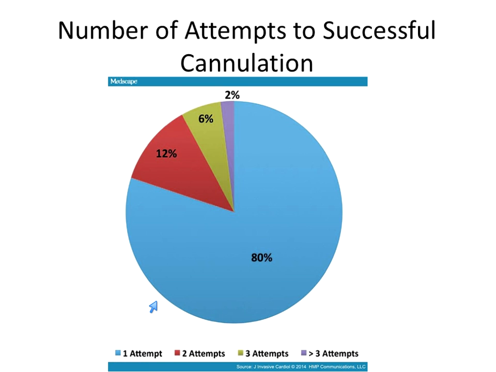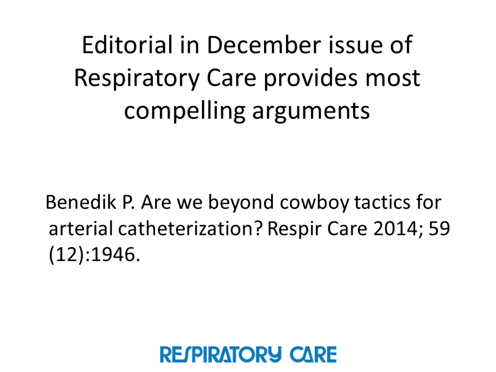This particular slide, if you look down the bottom, is the first attempt. Second attempt fell to 12, and actually it fell again, 6 and 2%, and the remainder of the patients were cannulated. But it showed that they were just a little bit better, but I thought it was a good graph to show the benefit of the ultrasound guidance in that group as well.